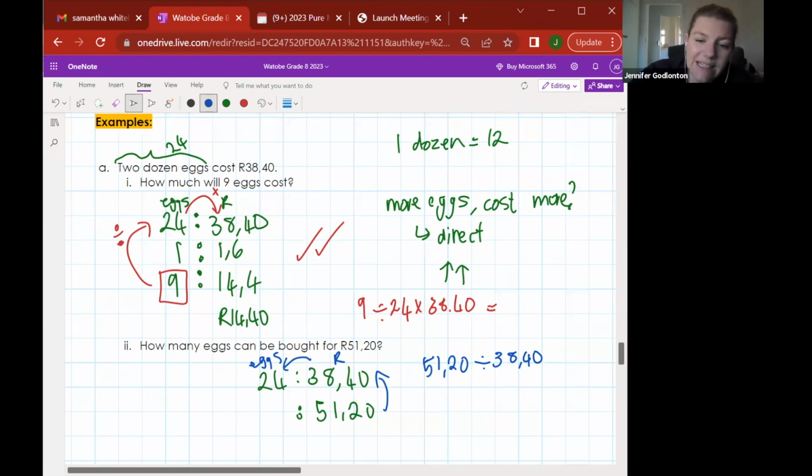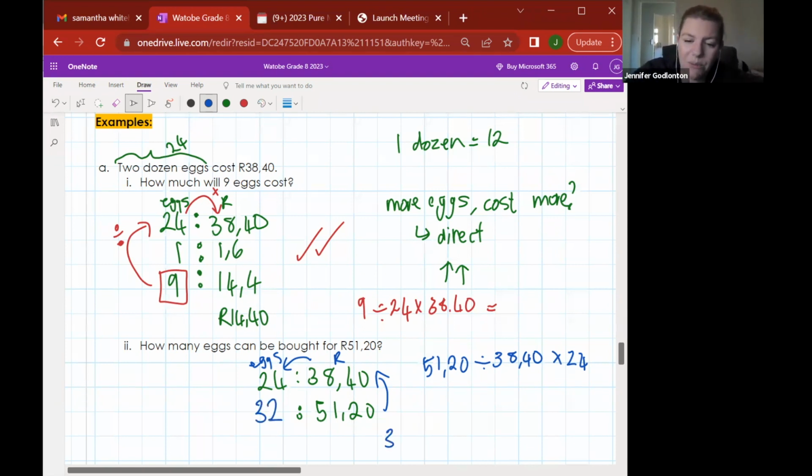And then we say times by 24. So this is divide up, times over. And we get the beautiful answer of 52. So we would be able to buy 52 eggs. And for this one is again 2 marks.